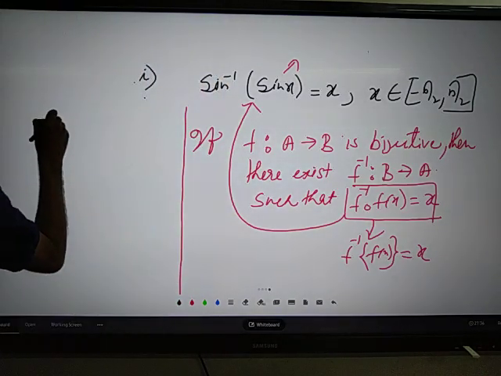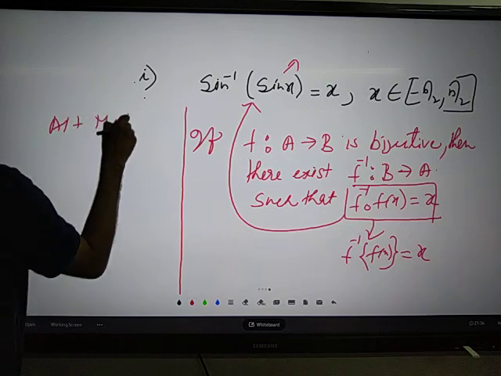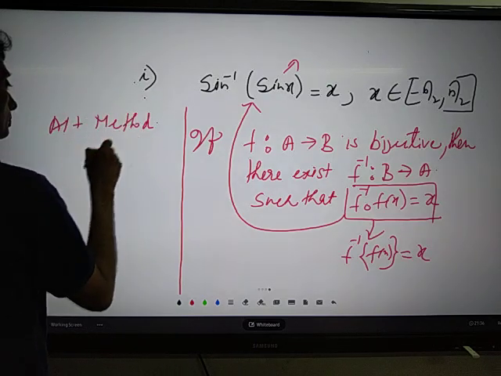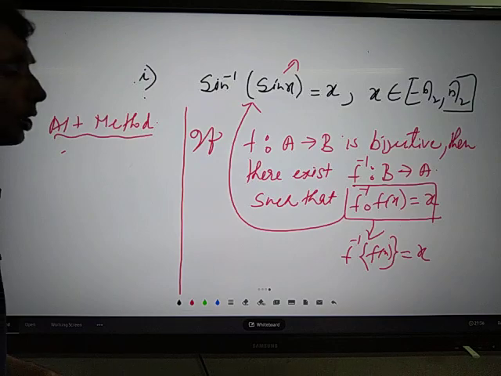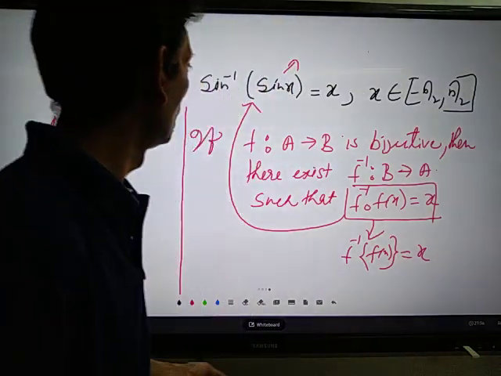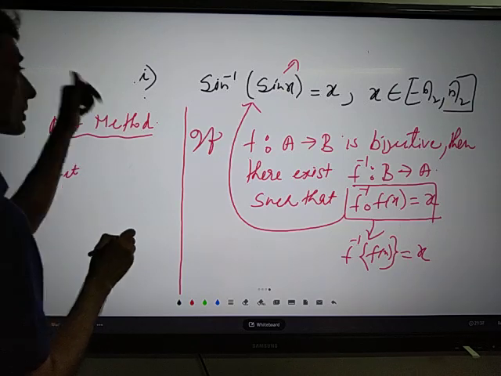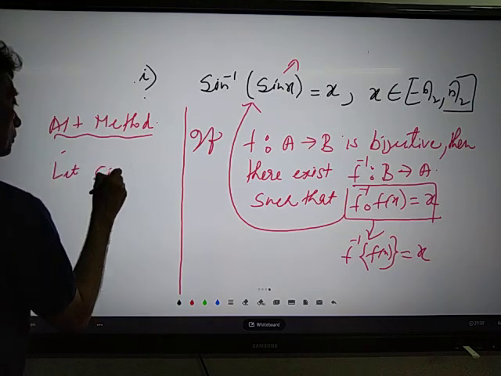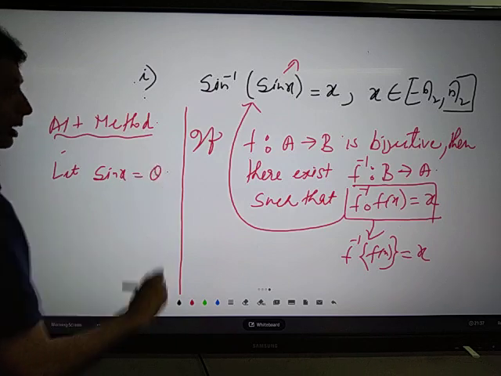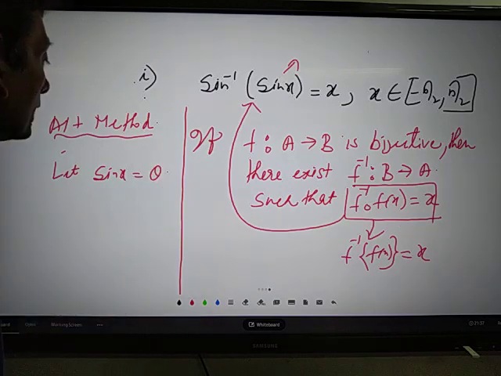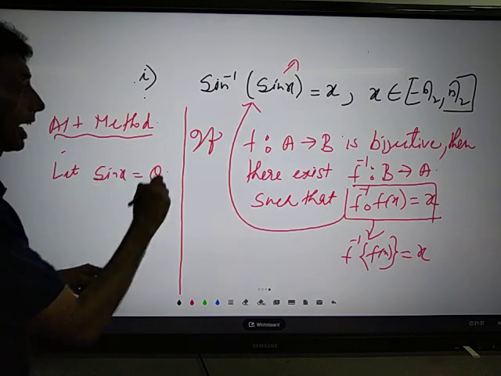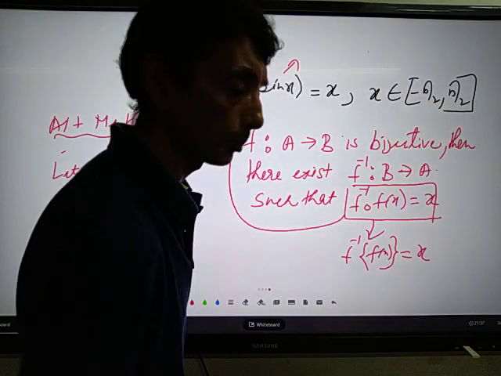Okay, alternate method, and this alternate method is also equally simple. Let us assume sine x equal to theta, and here obviously x belongs to minus pi by 2 to pi by 2.